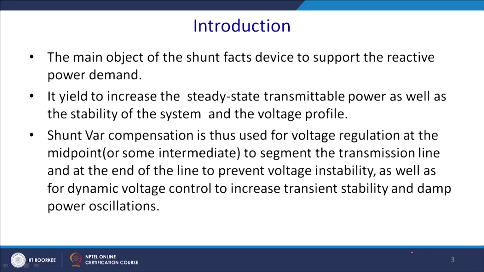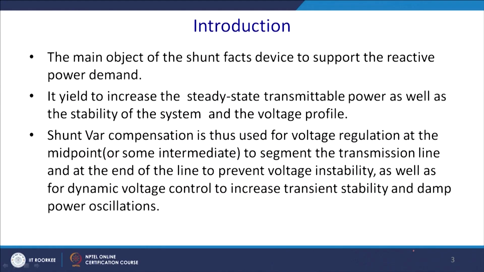The main advantage of the shunt devices is to support the reactive power demand, and our assumption is that these shunt devices do not contain any real power. But with the advent of the penetration of a high level of distributed generation, this statement needs to be corrected.